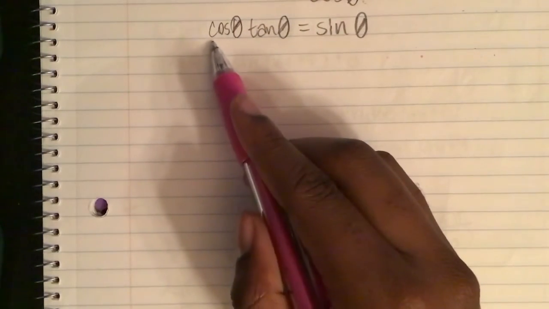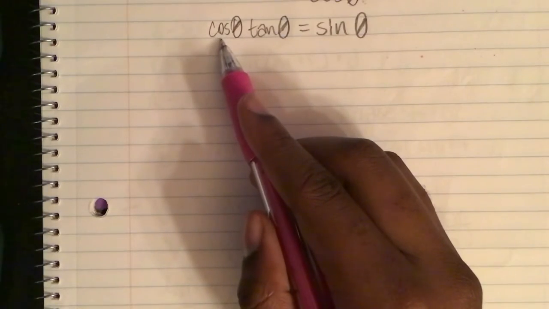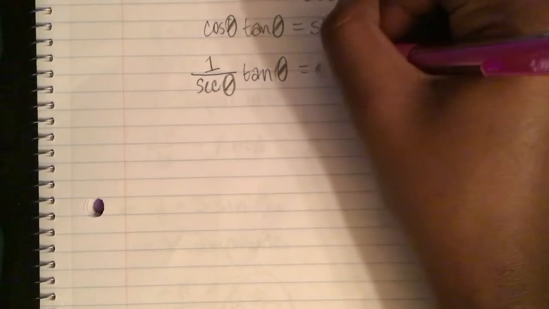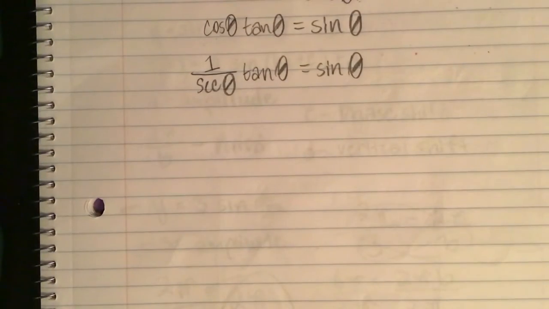So we know that cosine of theta is equal to what? Reciprocal identity. That's right, 1 over the secant of theta. And we're going to multiply that by tangent of theta equals sine of theta.